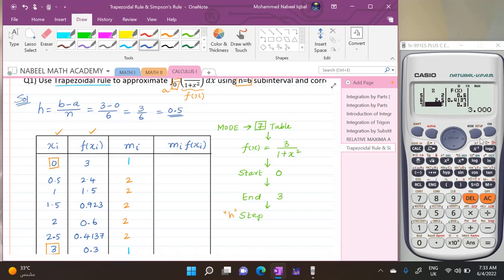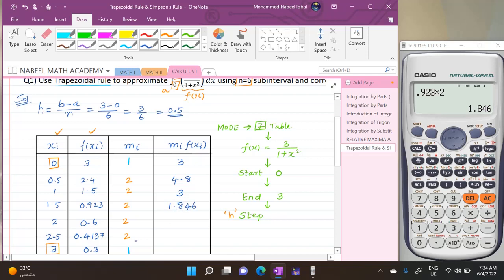Now I multiply. What is the multiplication here? You will have 3 here. Then multiply 2.4 into 2, which is 4.8. Then 1.5 into 2 is 3. If you multiply 0.923 into 2, the value will be 1.846.